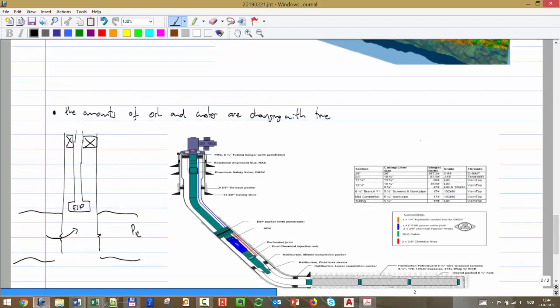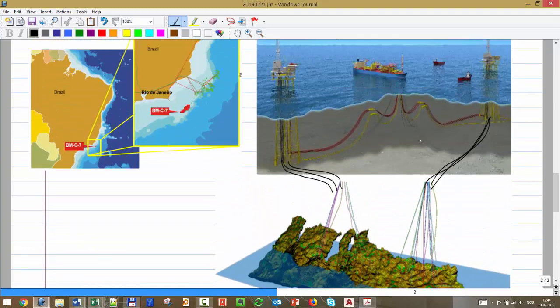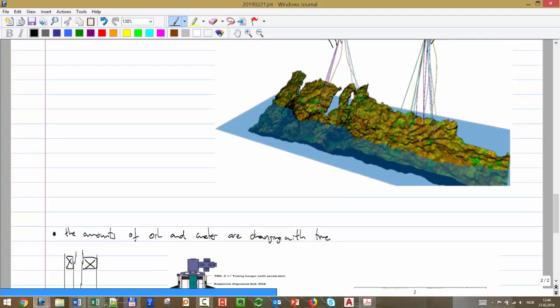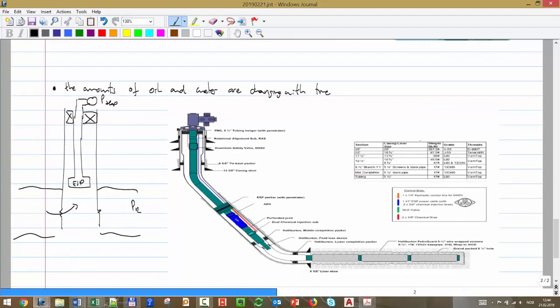And here we are going to assume, because all of them are on the platform, that they are very close to the separator. So we're going to neglect any flow line. We simply say all wells have a constant pressure, P separator. Okay, so that's going to be our basis for calculation.